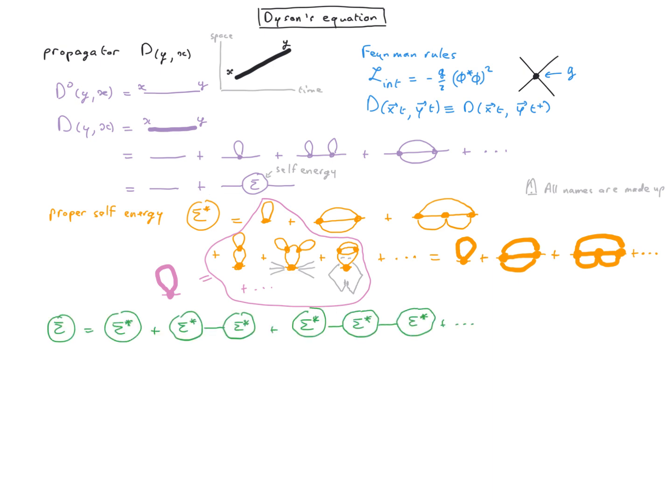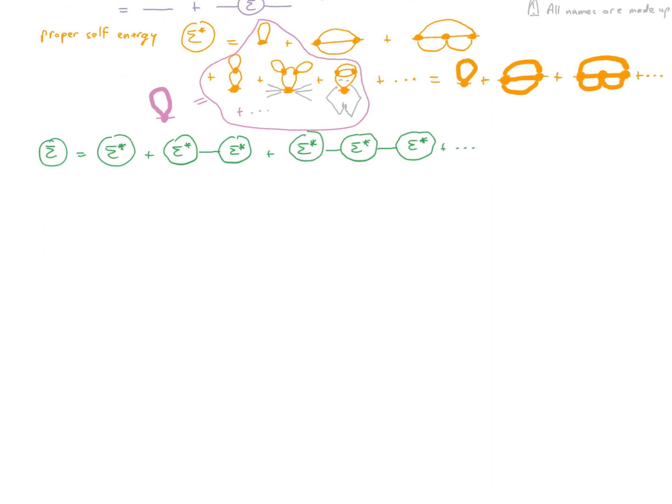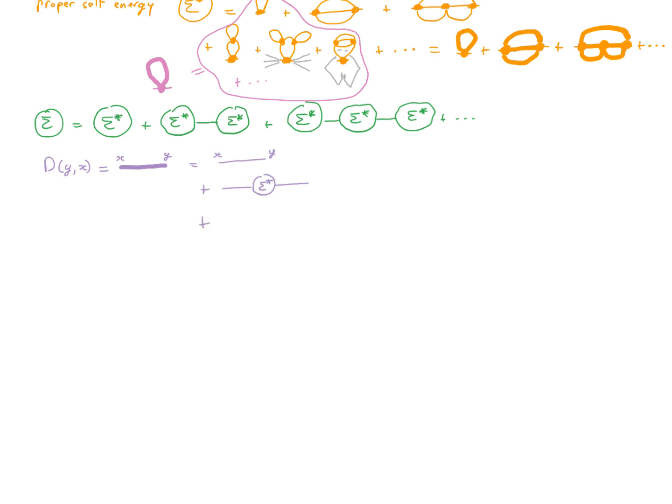This means that the self-energy can be written as a sum of the diagrams which cannot be divided in 2 by cutting an internal line, plus the diagrams which can be divided in 2 by cutting one internal line, etc. Subbing this expansion into the expression for the propagator, interestingly, we recognize an expression for the interacting propagator itself.